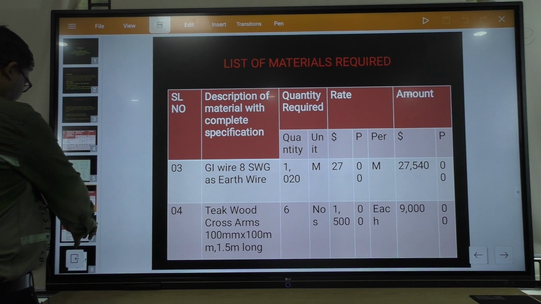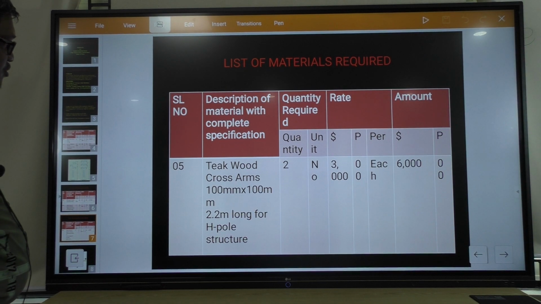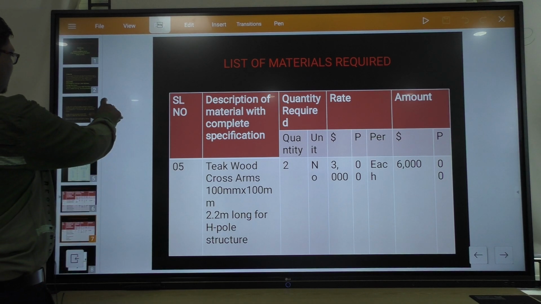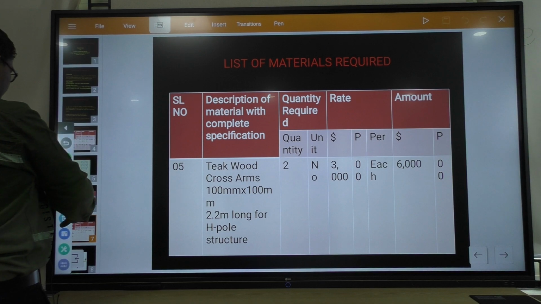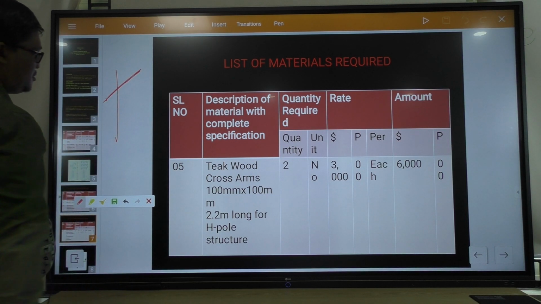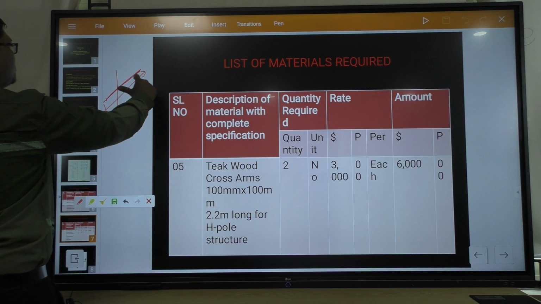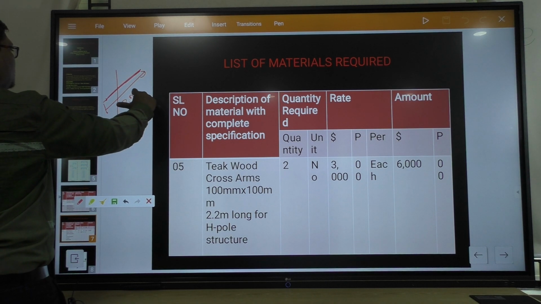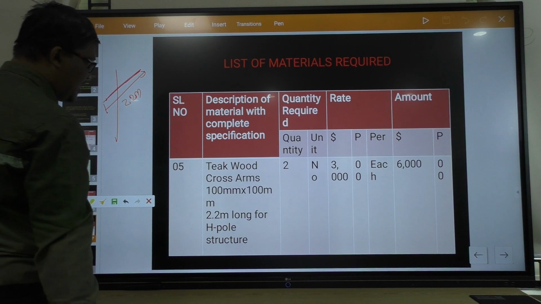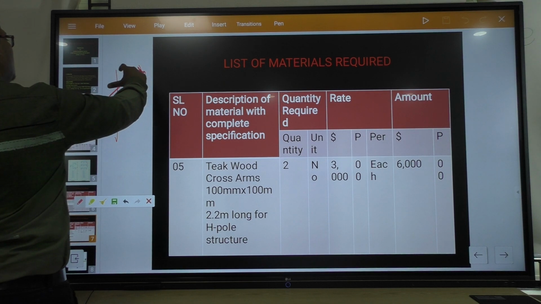Next, T-cut cross arm of 100 mm by 100 mm, 2.2 long. Suppose this is the cross arm. This cross arm is 2.2 meter long, that means from this point to this point it is 2.2 meter, and its thickness is 100 mm into 100 mm.